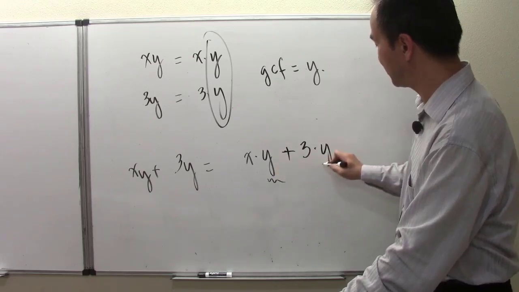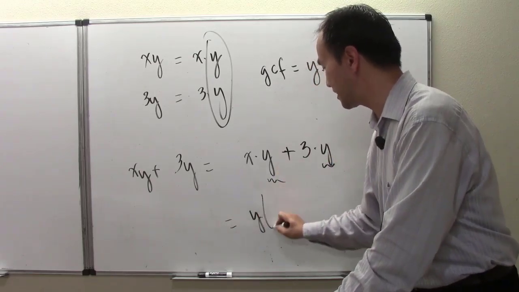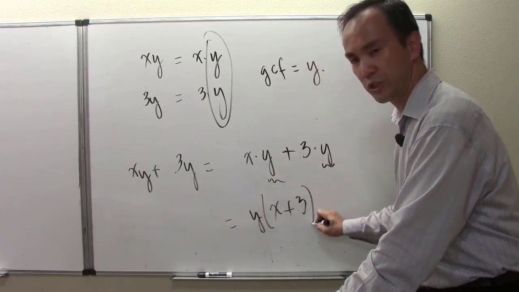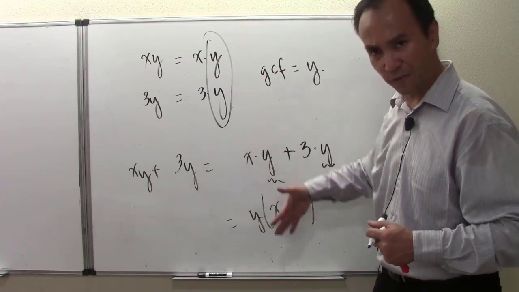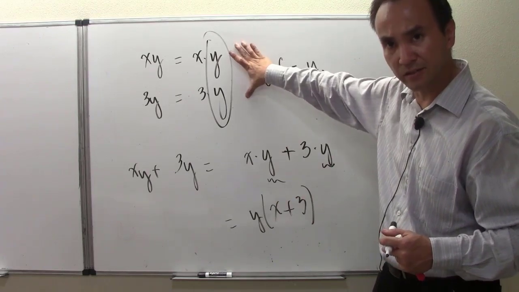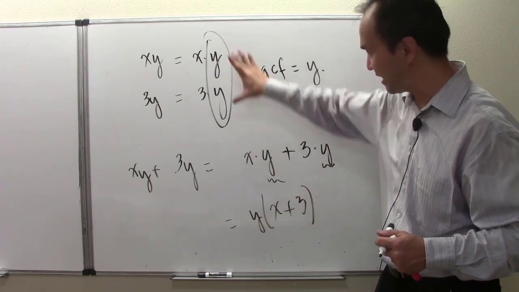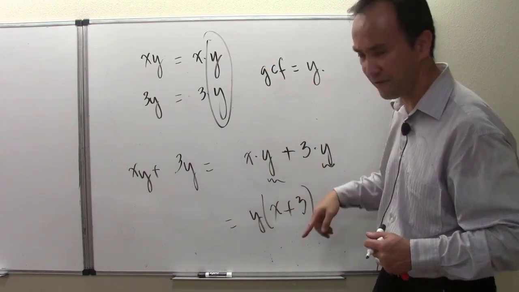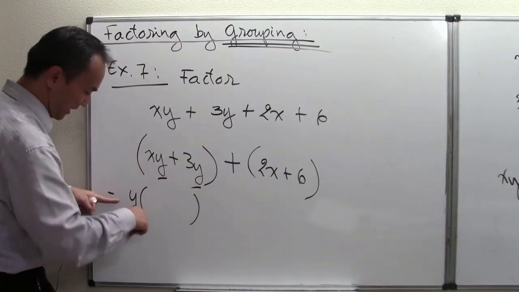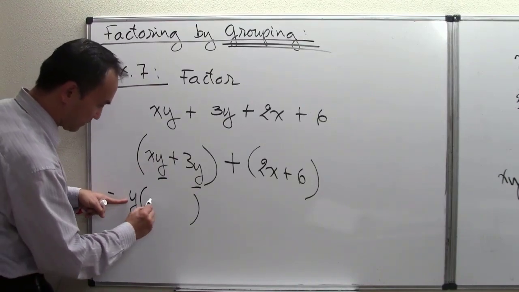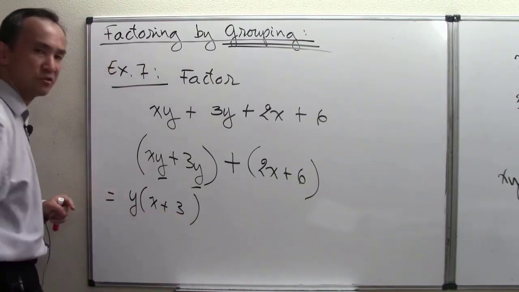The common factor is y times the two remaining terms, x plus 3. That's how we apply the previous learning to this problem, recognizing the GCF. Ultimately, xy plus 3y can be factored as y, the GCF, times x plus 3.